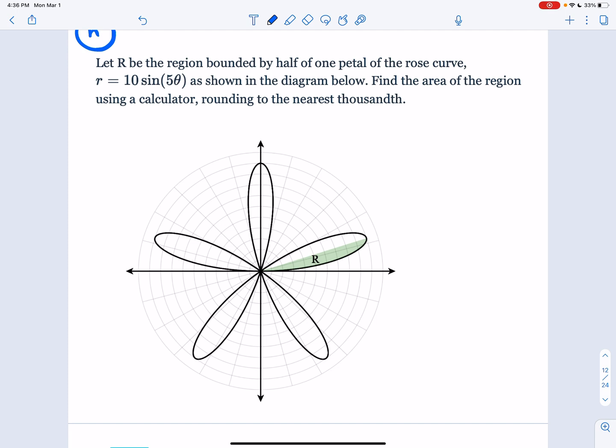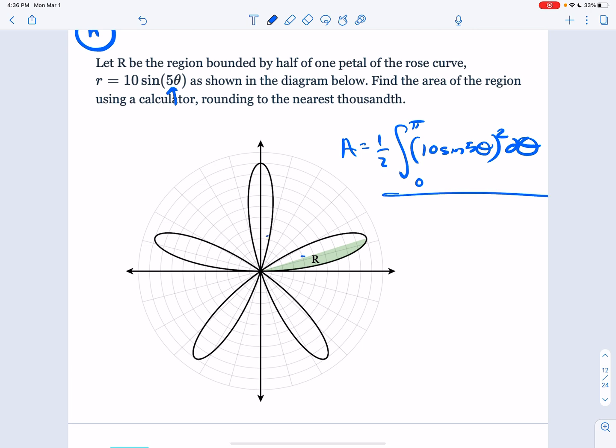All right, this one here is A equals 1/2 integral from 0 to pi, not 2 pi. The 5 is odd, so that's going to be 10 sine 5 theta quantity squared, d theta. And then I want 1, 2, 3, 4, 5.